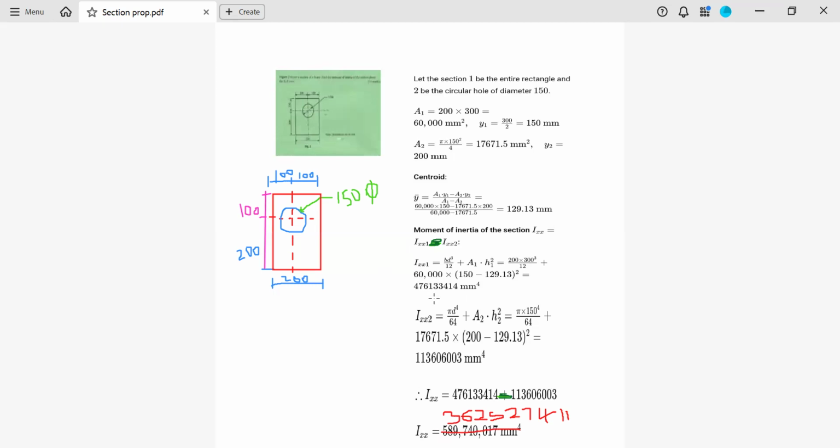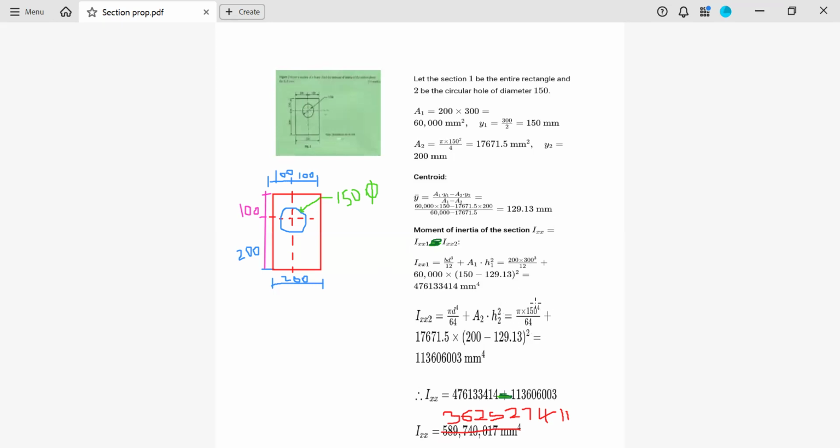From there, we shall go to the moment of inertia of the hole, which is the circular hole. We know that is given by pi d power 4 over 64. And now, due to the theorem of parallel axis, we shall add area 2 multiplied by h2 squared.